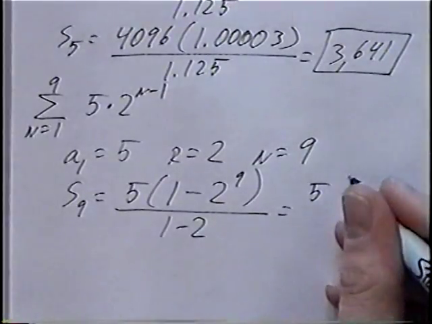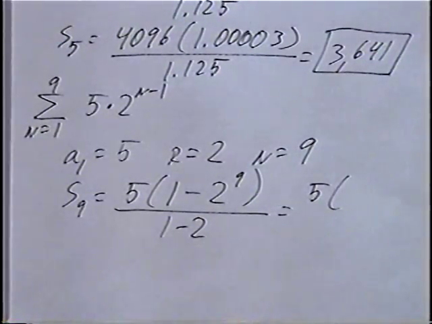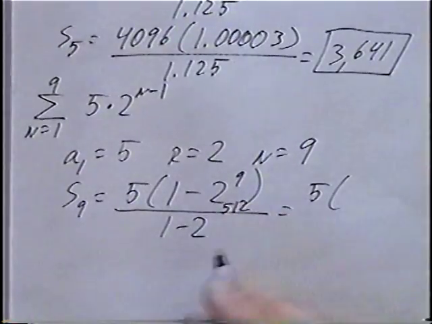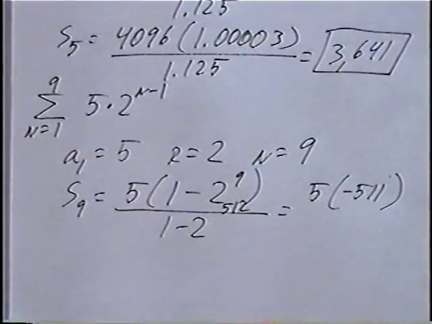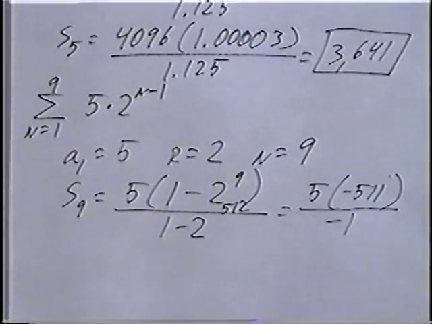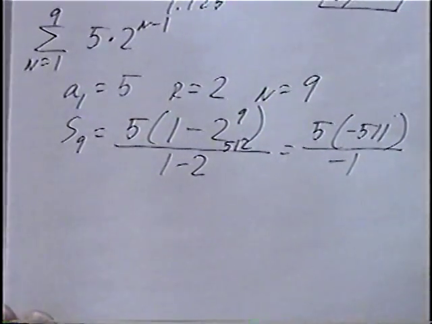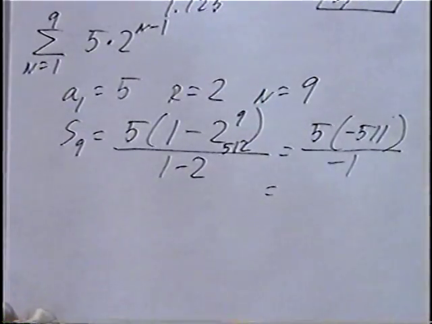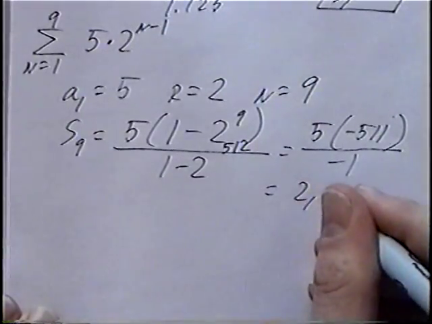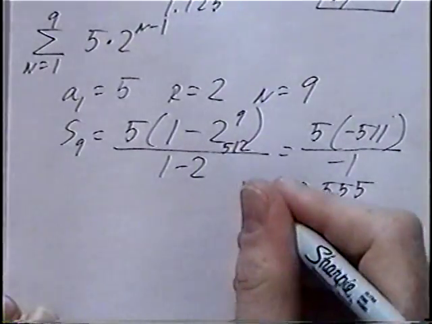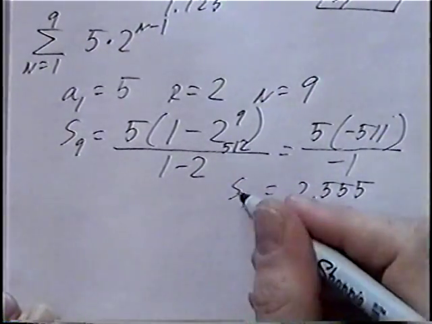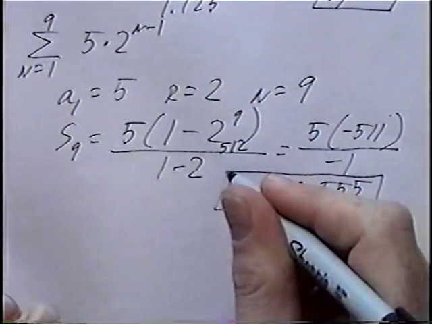Solving this out, 2 to the 9th power would be 512, and 1 minus 512 would be negative 511, divided by 1 minus 2, which would be negative 1. Multiplying 5 times 511, that would be 2,555, and we'll have a negative divided by negative, which will give us a positive 2,555 for the sum of 9 terms.